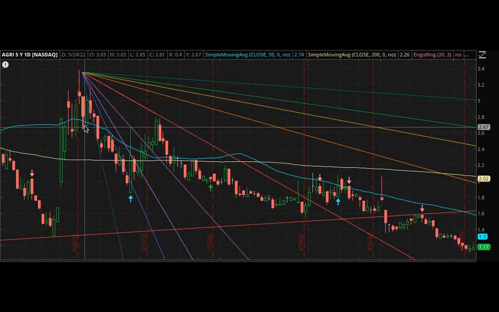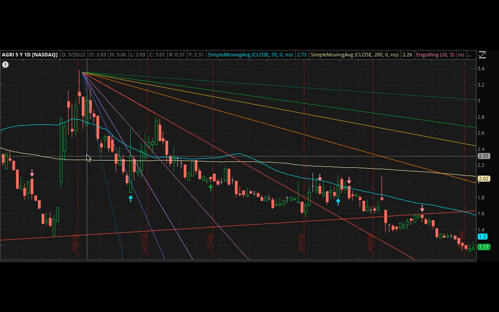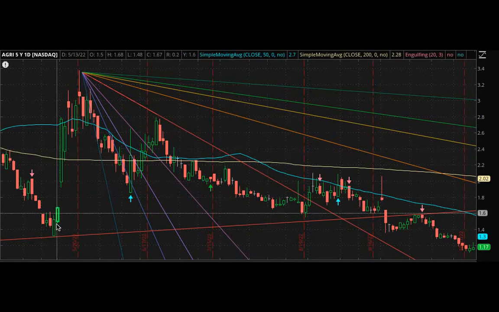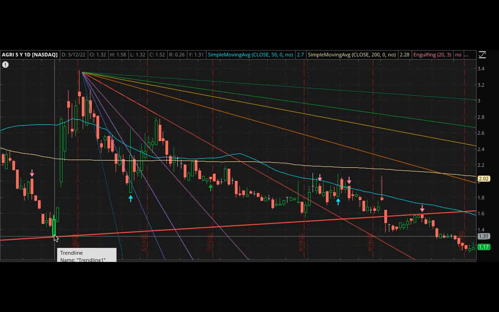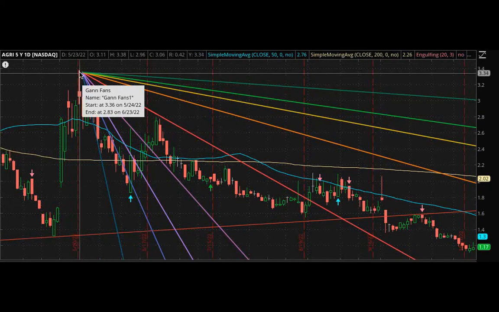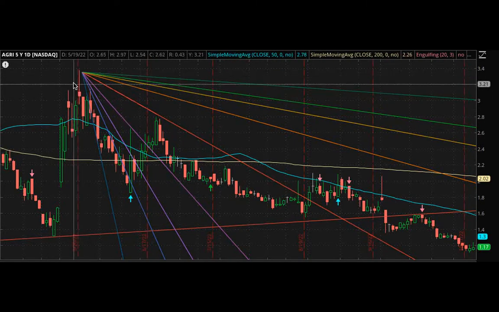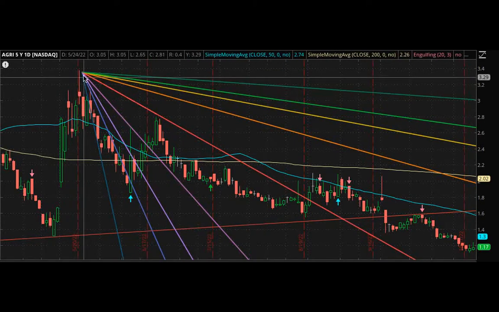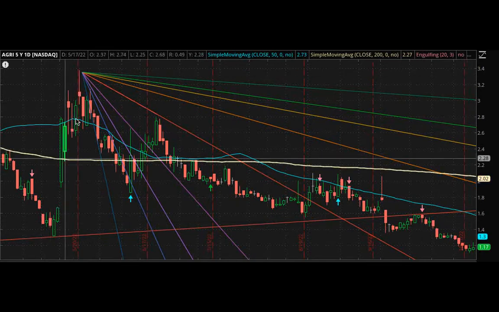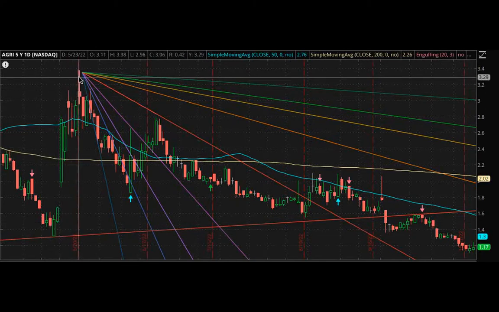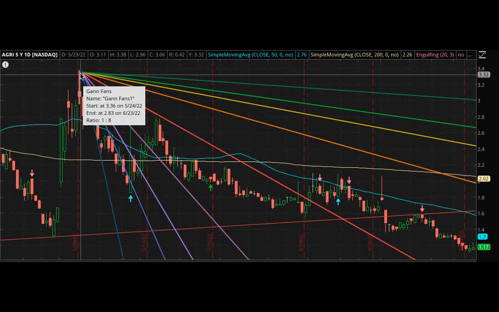So the stock I have us looking at today is AGRI, AgriForce. This is a stock that shot up from $1.31 to $3.33 in 2 to 3 days. So this was not a bear market for AGRI. This was just a quick transition that shot up due to massive volume and reasons that people bought it.